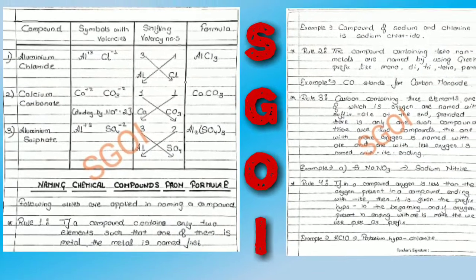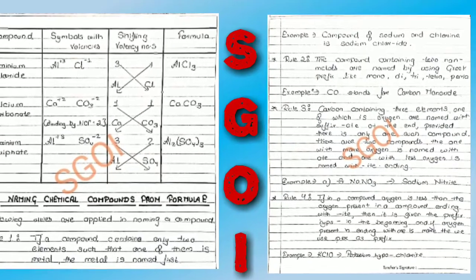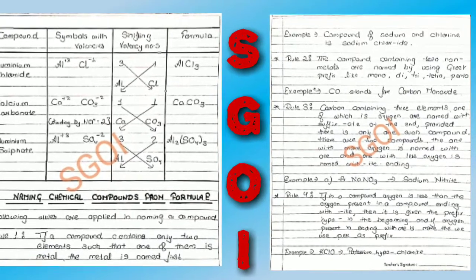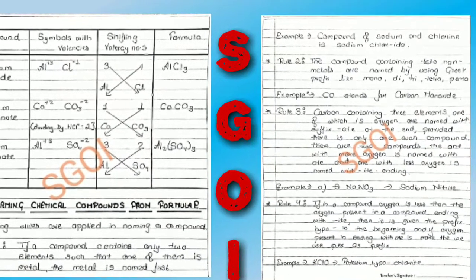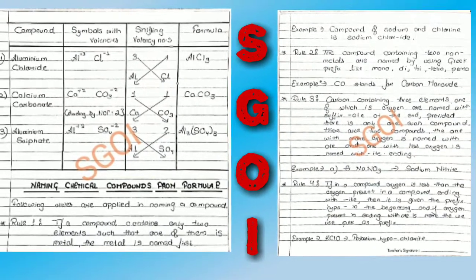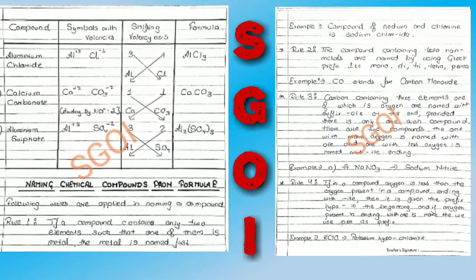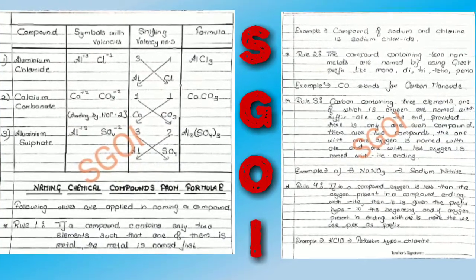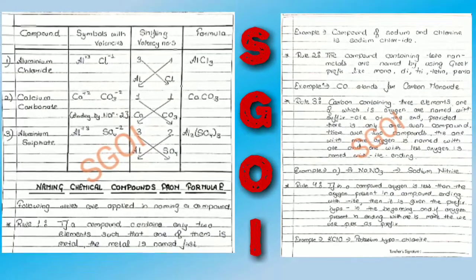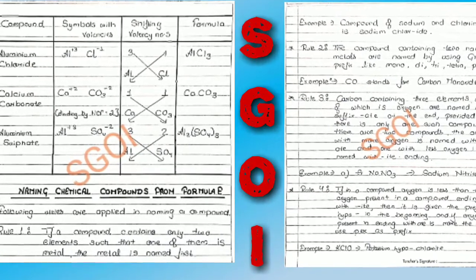Okay. Now rule 3: compounds containing three elements, one of which is oxygen, are named with the suffix "ate" at the end, provided there is only one such compound. If there are two compounds, the one with more oxygen is named with "ate" and the one with less oxygen is named with "ite."